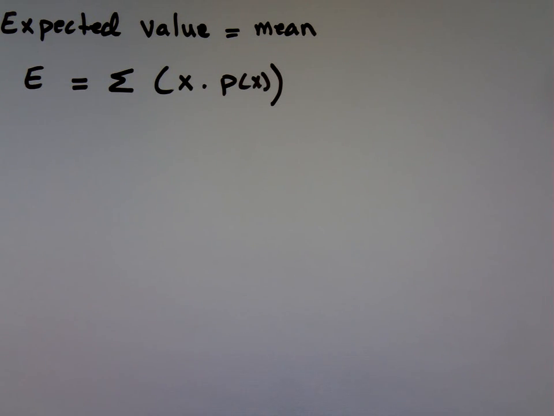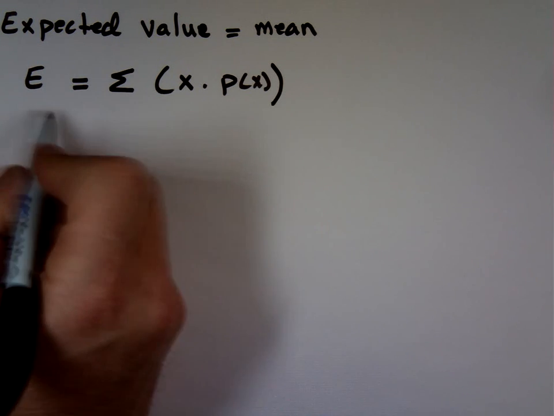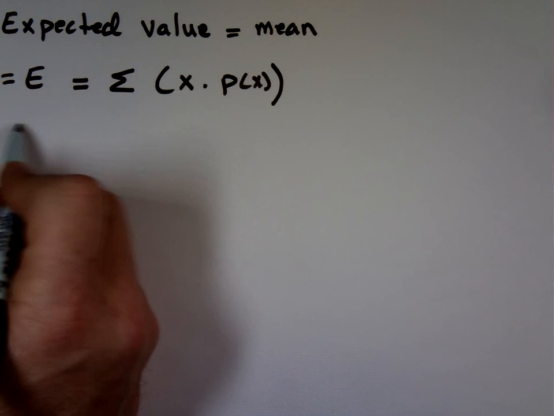Now, I'll give an example for the expected value in a minute. Just a reminder why we're interested in the expected value, which is the mean, and the standard deviation.